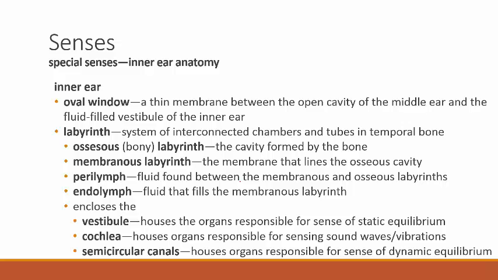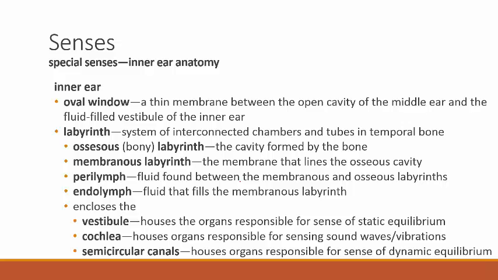There's sometimes a lot of space between the membranous labyrinth and the osseous labyrinth. That space between the bone and the membranous labyrinth is filled with a fluid referred to as perilymph.